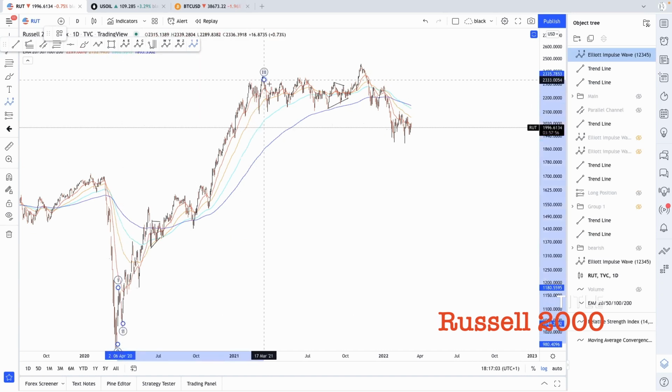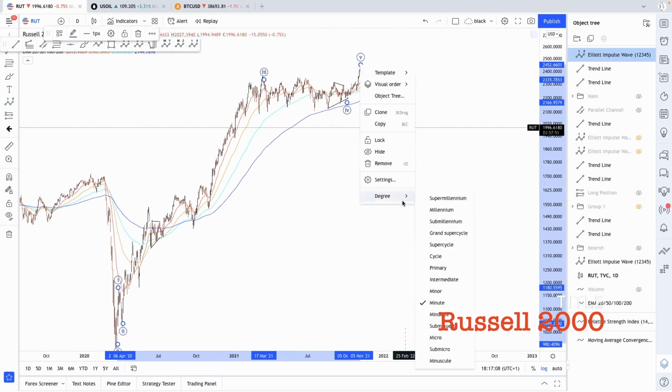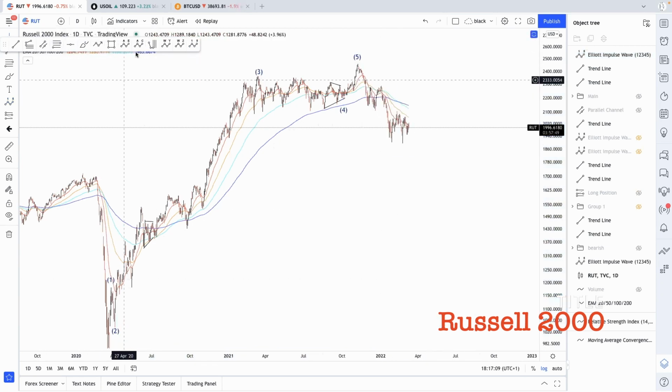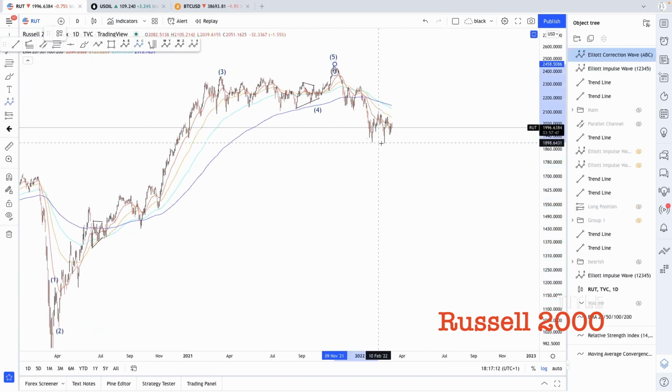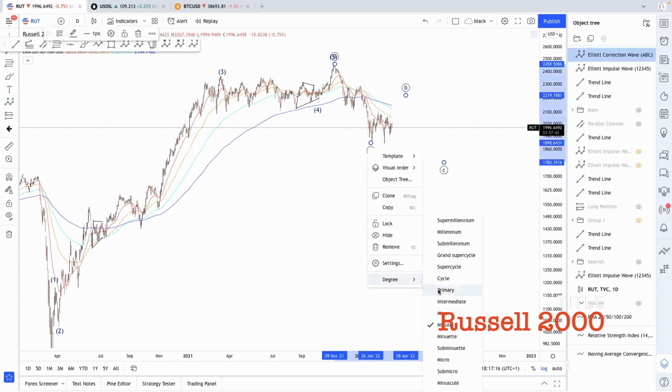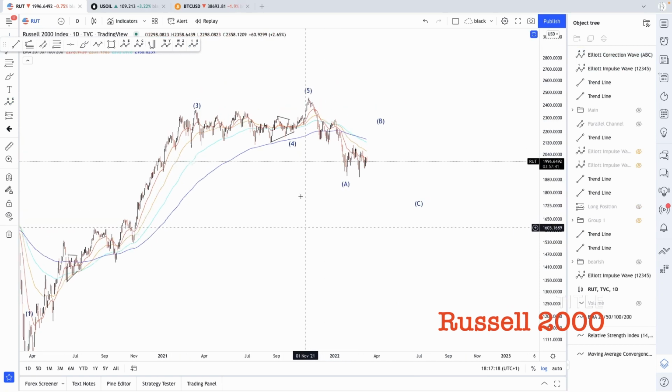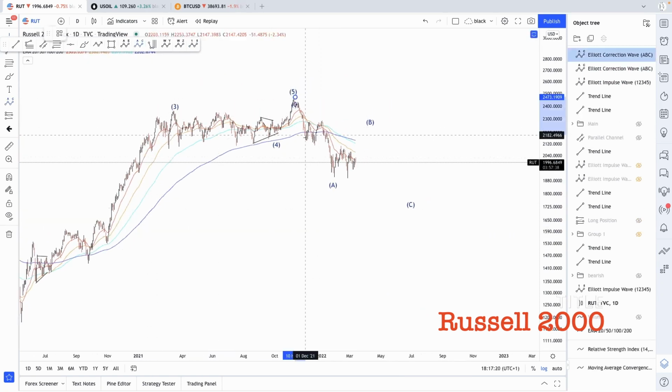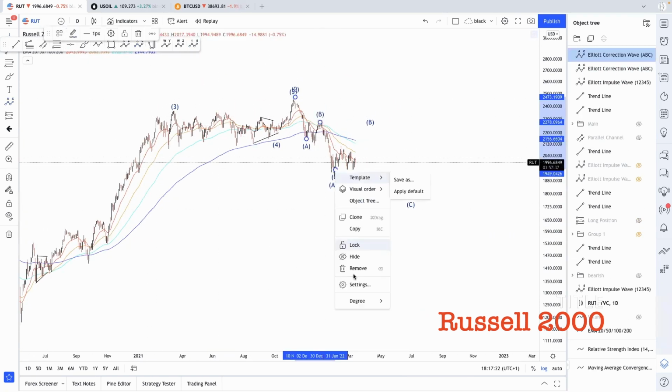So sideways up, and this could be wave A, B, and C. So we would have something like this, basically: three ways down, wave A. I'm just going to create a folder for this.